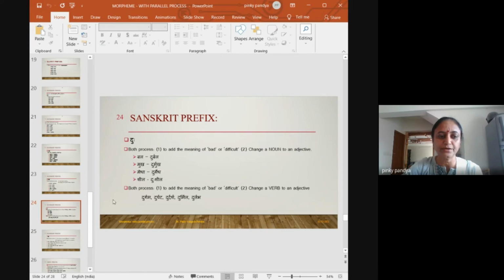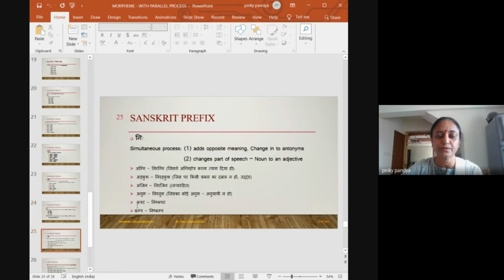In another group, we can see durgama, durghata, adjectives derived from verbs with the same sense of bad or difficult, but here it changes a verb to an adjective with this prefix dur. Another prefix is nir, as we say kapata, nishkapata, ajina, nirajina. So here also we can see a simultaneous process: a single prefix having two processes at a time.